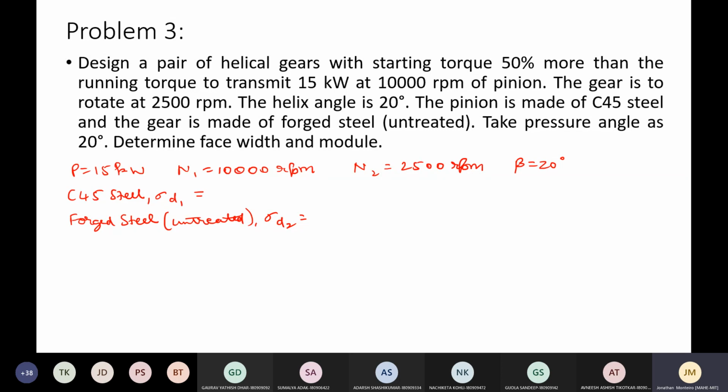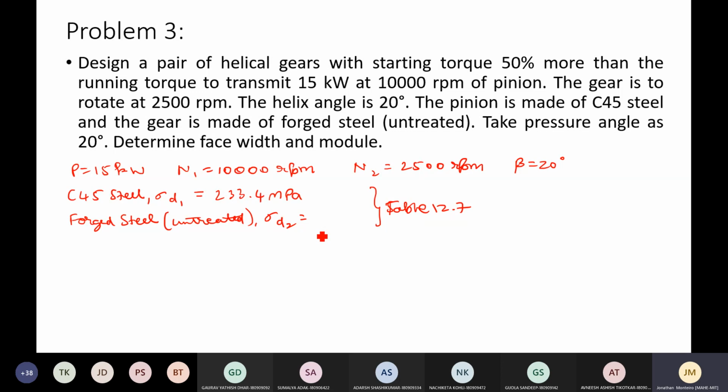Let us quickly write down the values. This is table 12.7. For C45 steel, we have one value, which is 233.4 megapascals.